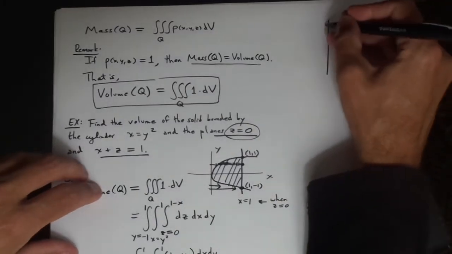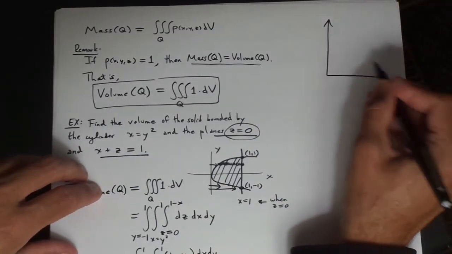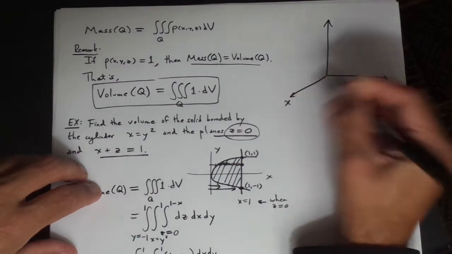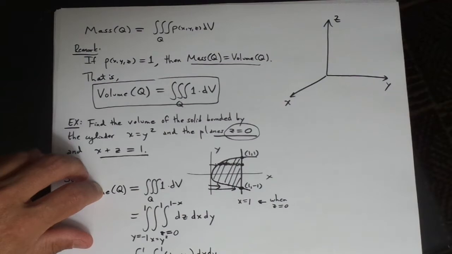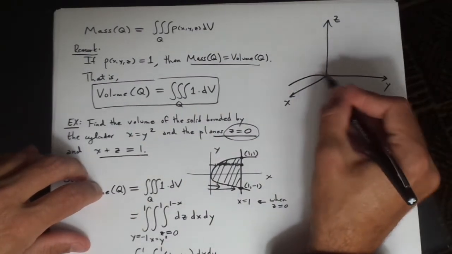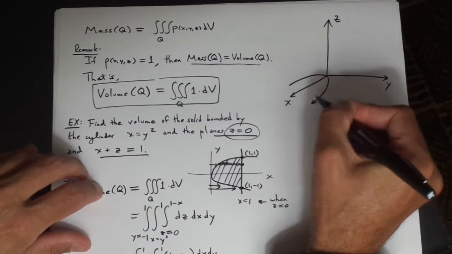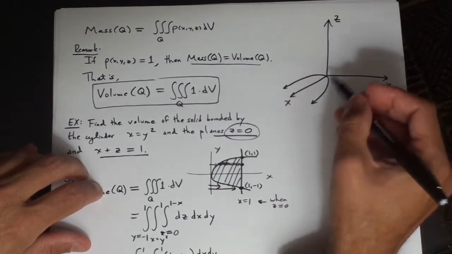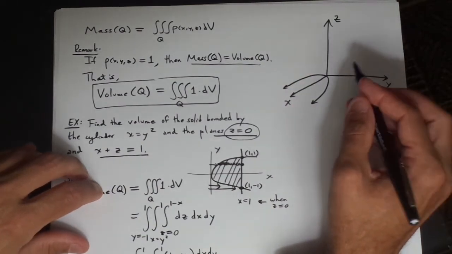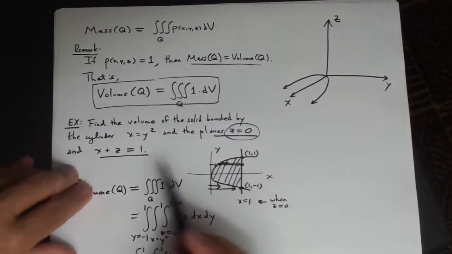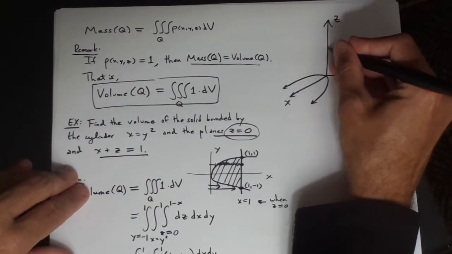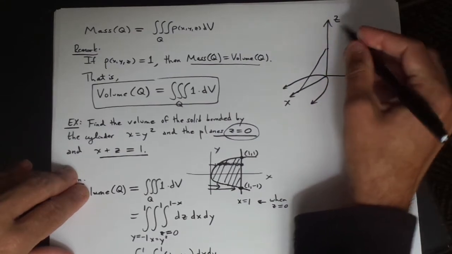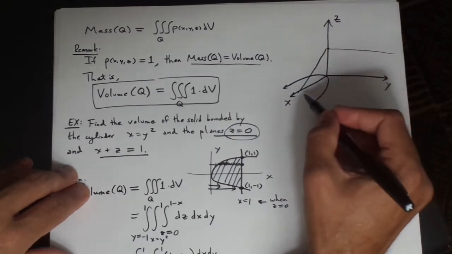I'm going to draw this picture for you in 3 dimensions. Even though this would be kind of difficult to draw, I think it's useful to see it. Basically, you have this parabola x equals y squared sitting here in the xy plane. And the plane x plus z equals 1 comes along, let's say it's here, and that stretches in the y direction.